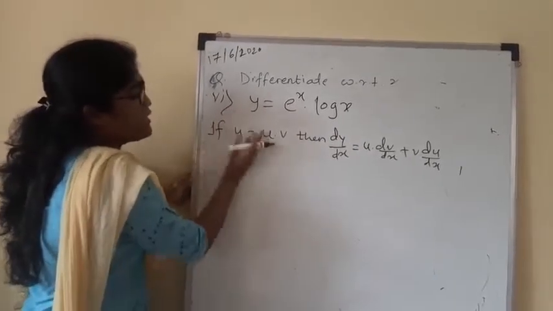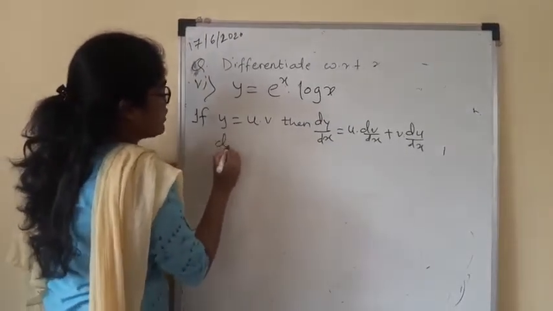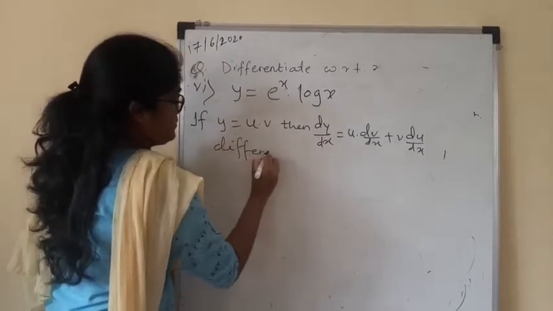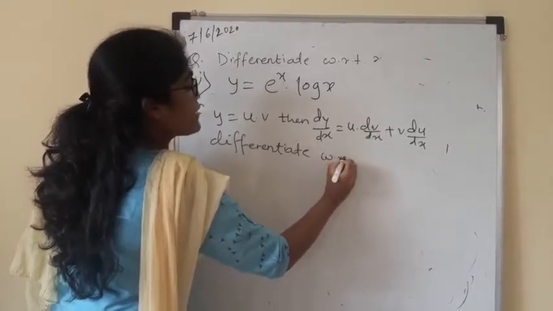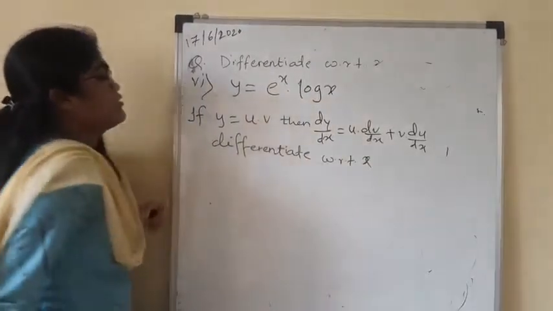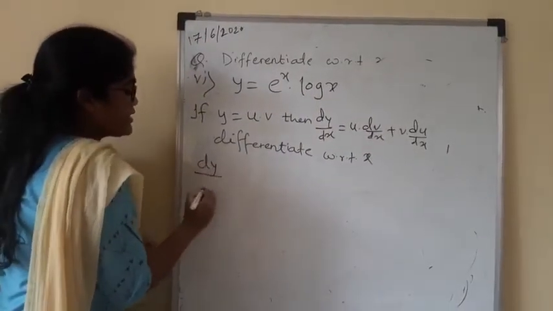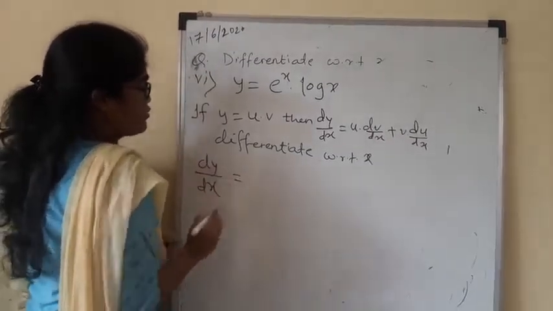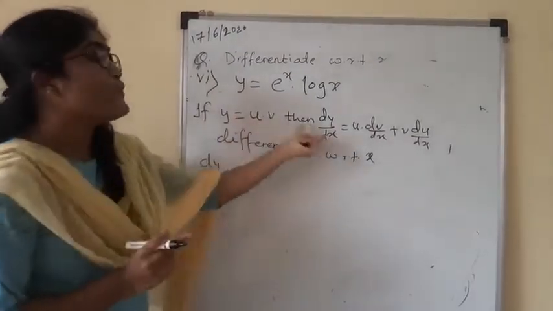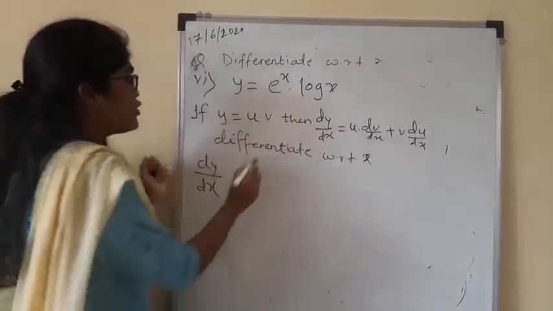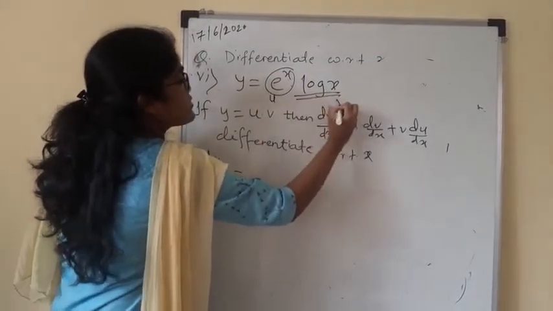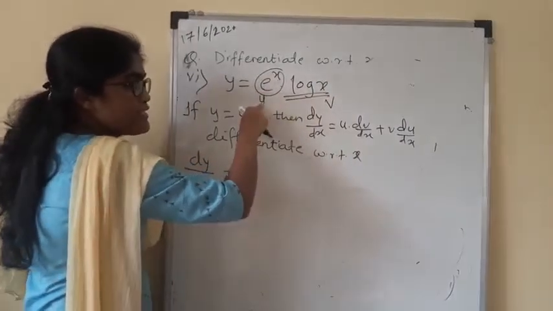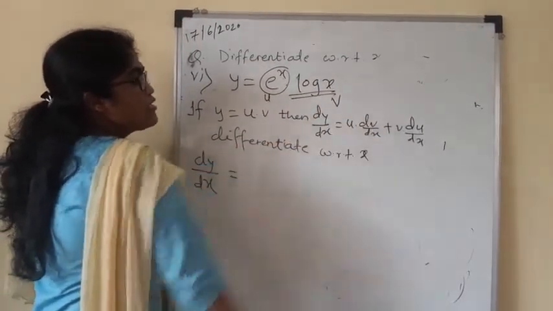So we will first differentiate with respect to x. So dy by dx is equal to, now we are going to use this rule. Here u is e raised to x and v is log x.